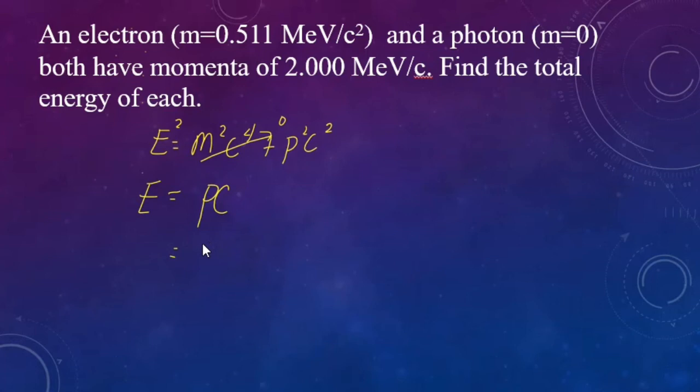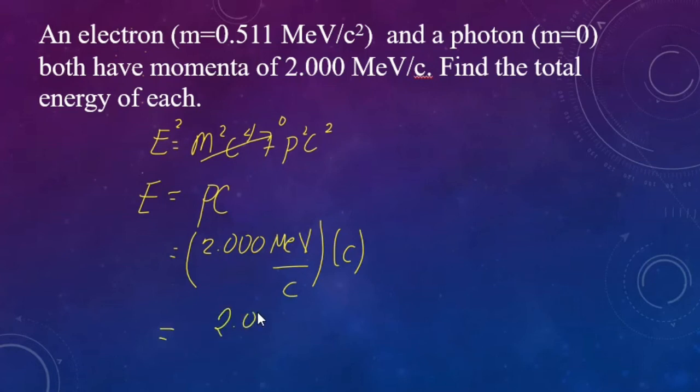So the answer is just 2.00 mega electron volts per c, and then multiply it by c. So the answer is just 2.000 mega electron volt. So that's now the total energy of a photon. I think you can now answer the problems in the module.